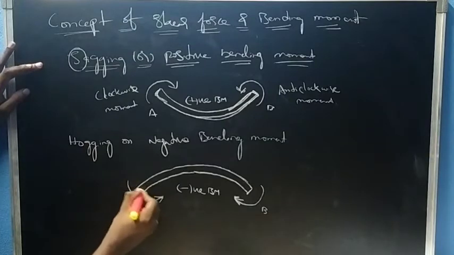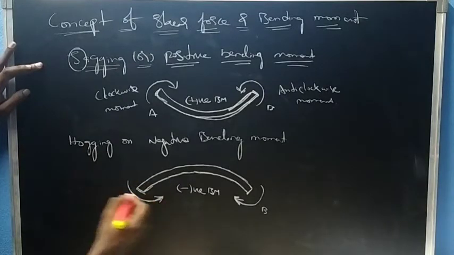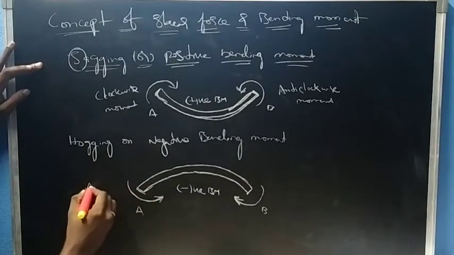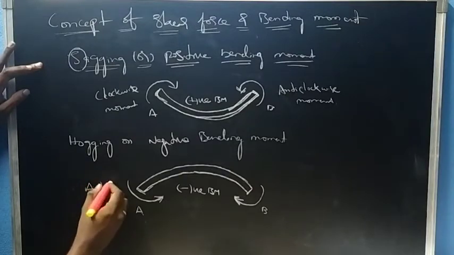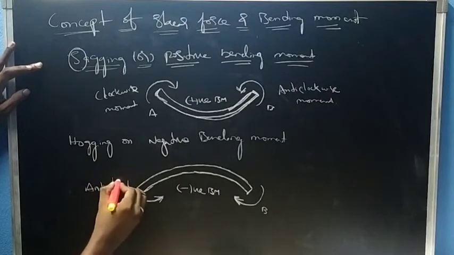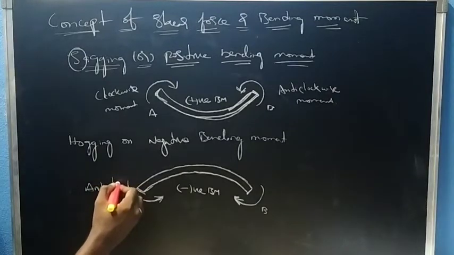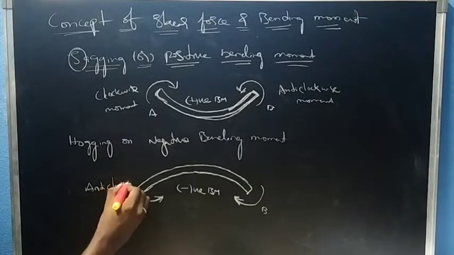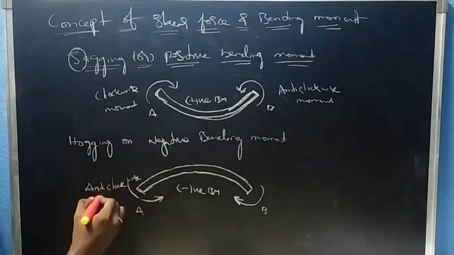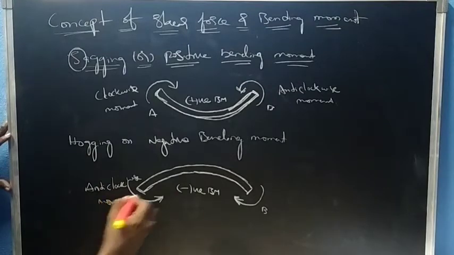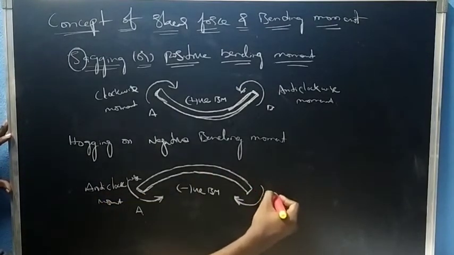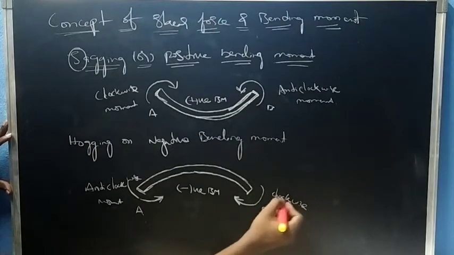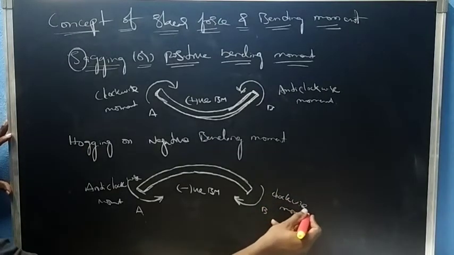So to support this beam, there will be anti-clockwise movement from point A and clockwise movement, anti-clockwise movement, and clockwise movement, right?